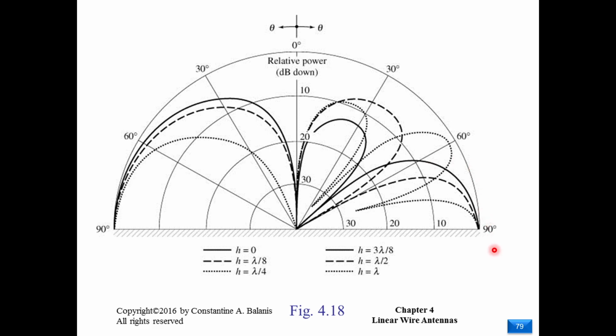If we want to draw the complete pattern, we'll just copy this on the left quarter. Just pay attention, there is no field in the lower half space. The field exists only in the upper half space, from theta equals 0 to theta equals 90, because the ground plane is causing shielding.